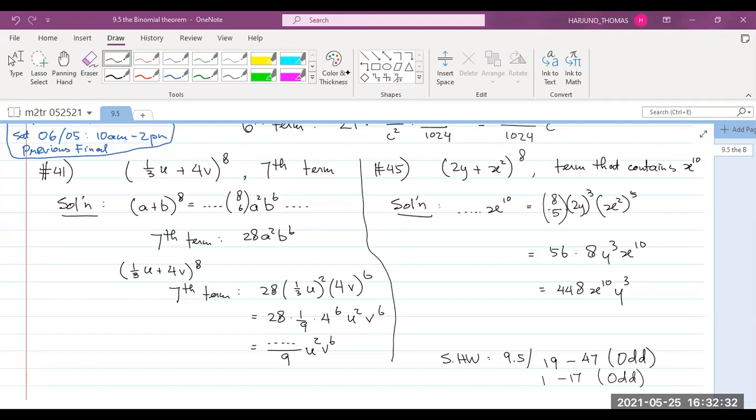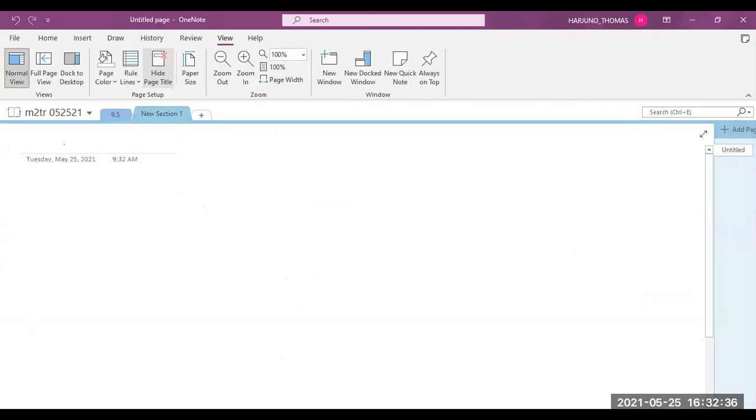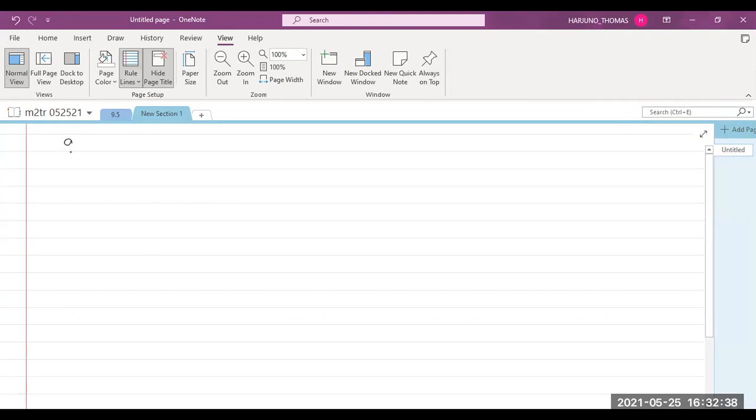Okay, let's continue. I now go back to 9.1. 9.1 and 9.5 are actually almost not related at all. What is 9.1? 9.1 is on sequence and series.